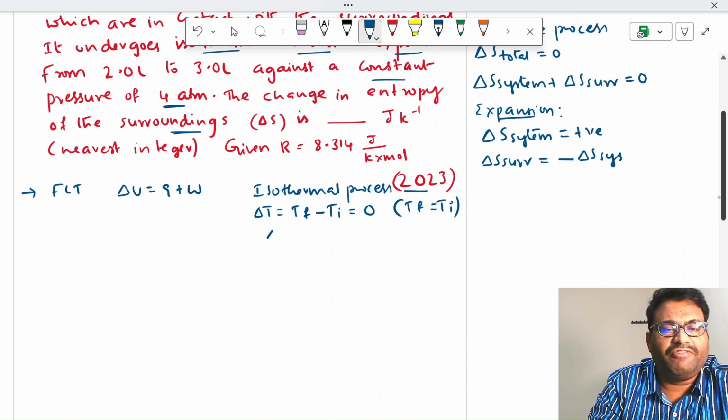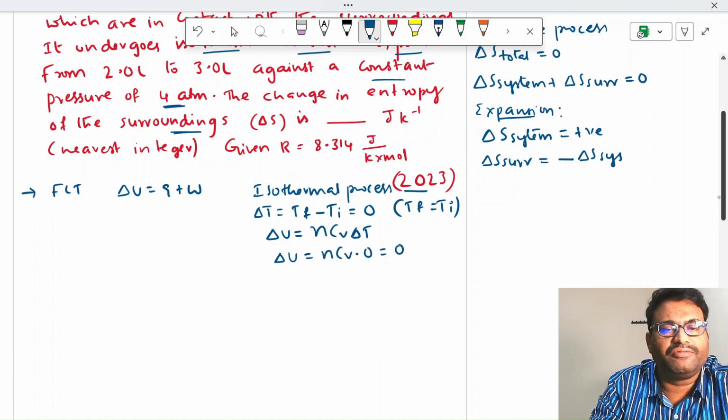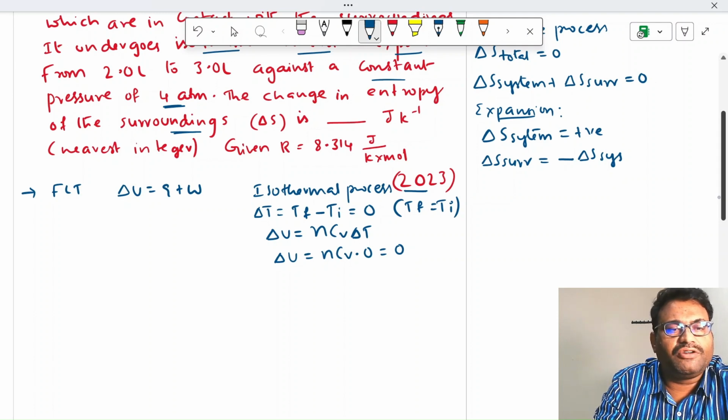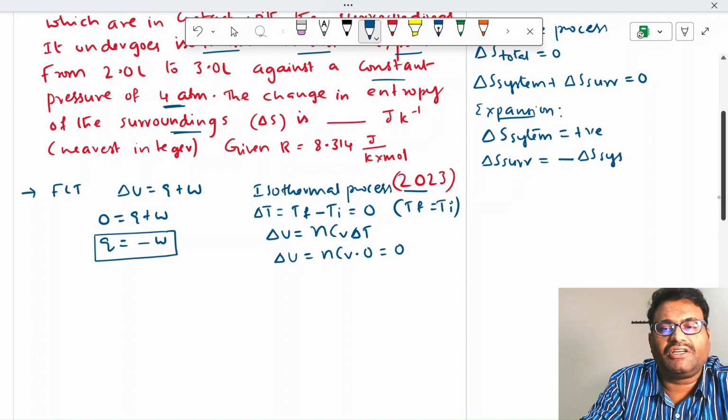We know delta U is equal to n CV delta T, and since delta T is 0, delta U is equal to 0. So 0 is equal to Q plus W, so Q will be equal to minus W.